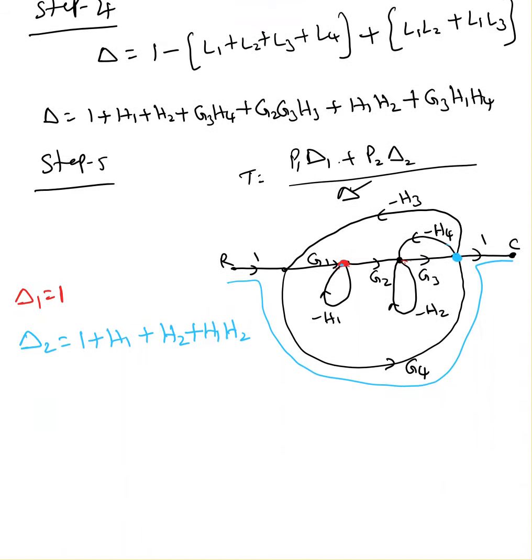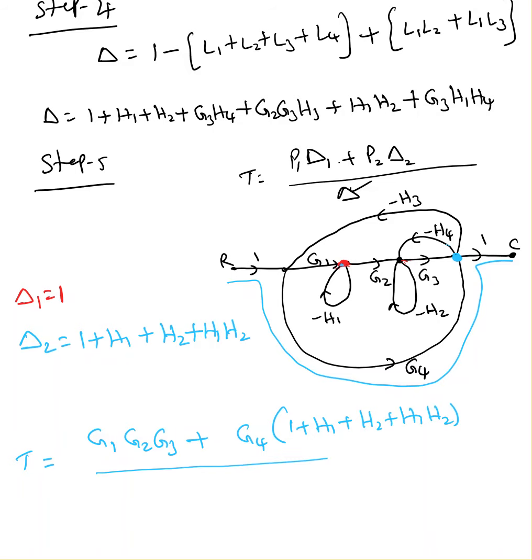Now the transfer function T equal to P1 delta 1 plus P2 delta 2, over delta. I have P1 equal to Z1 Z2 Z3 times 1, since delta 1 is 1, plus path 2, which is Z4 times delta 2, which is 1 plus h1 plus h2 plus h1 h2, divided by delta.